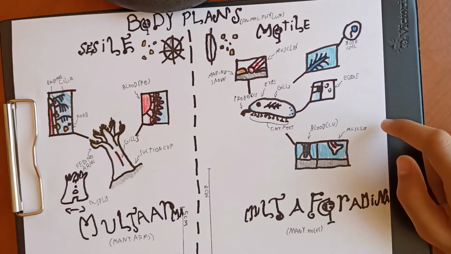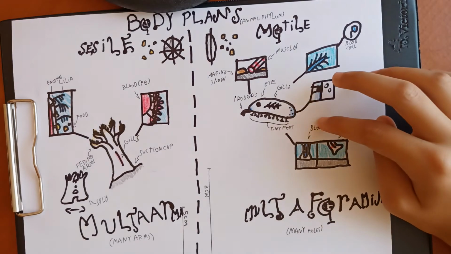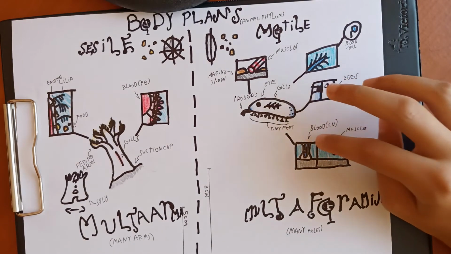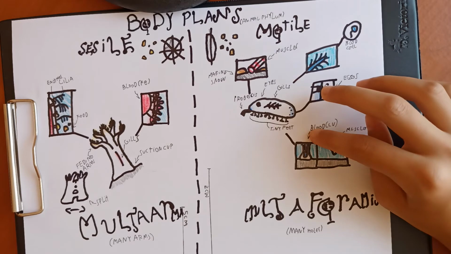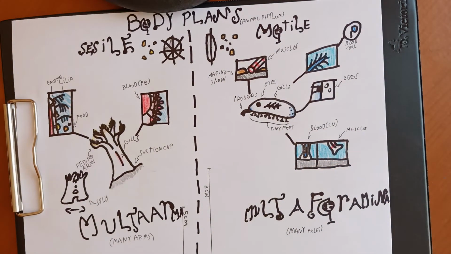When it wants to move, the muscle will contract, squeezing the blood out, then moving the leg up, and then moving the leg the other way, and then expanding again.